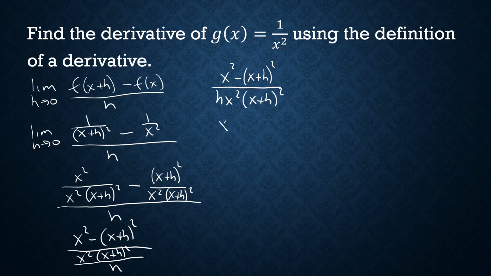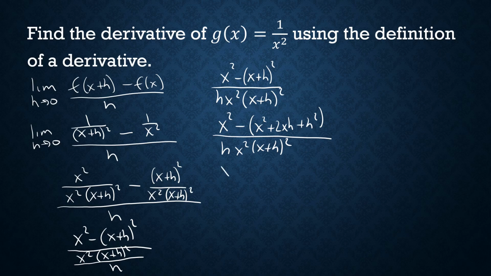Now the top becomes x squared minus (x squared plus 2xh plus h squared) over h x squared (x plus h) squared.